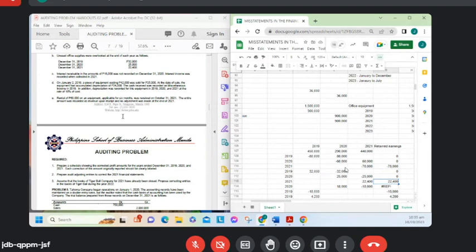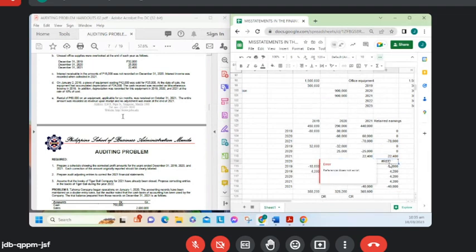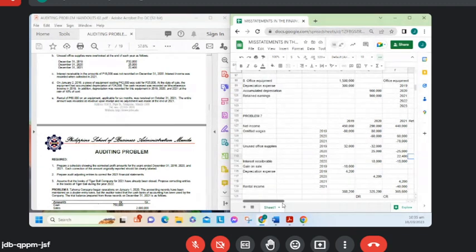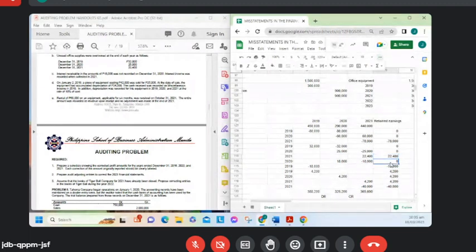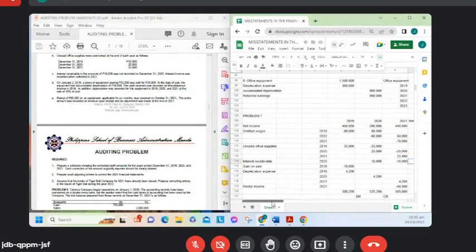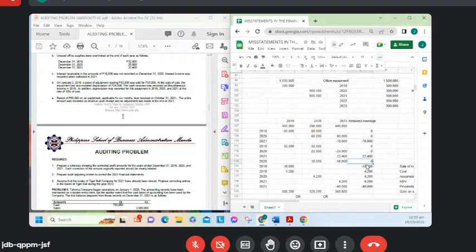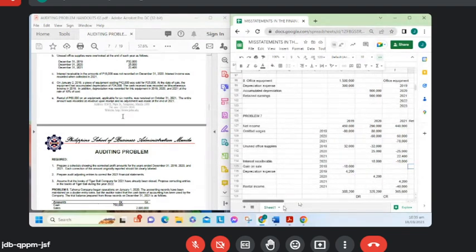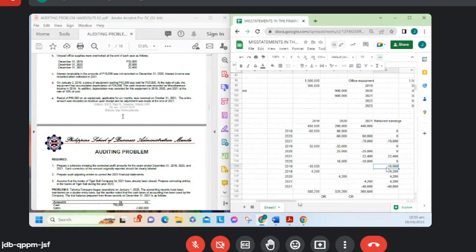Same here, the 2021 unused supplies. That's the only one left. Likewise for interest receivable, no effect, it is counterbalanced. The gain on sale still has an effect, non-counterbalancing, as well as the retained earnings.